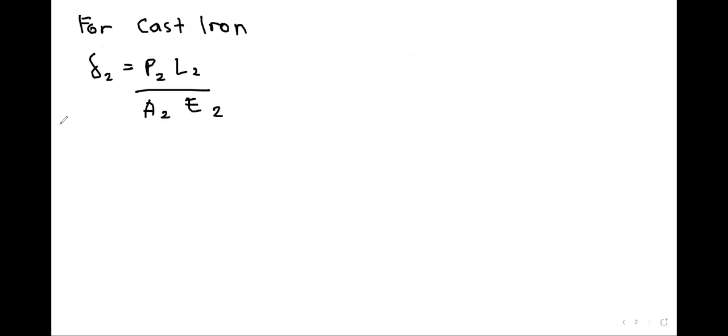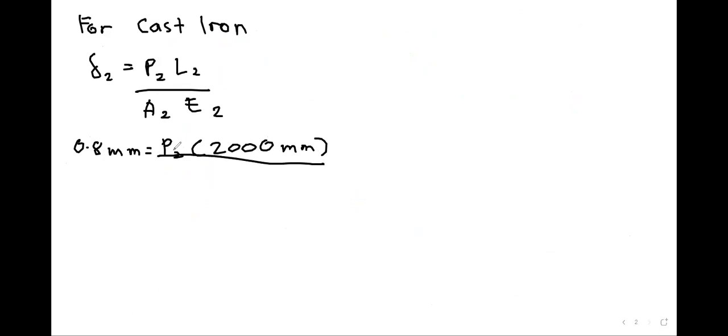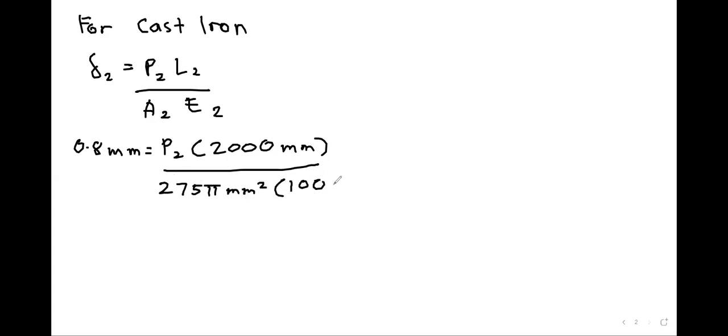Sulat lang din natin yung mga value. 0.8 mm is equals to P2 times 2,000 mm divided by the value ng A2 natin, 275 pi mm squared, multiplied by 100 gigapascal or kilonewton per millimeter squared.